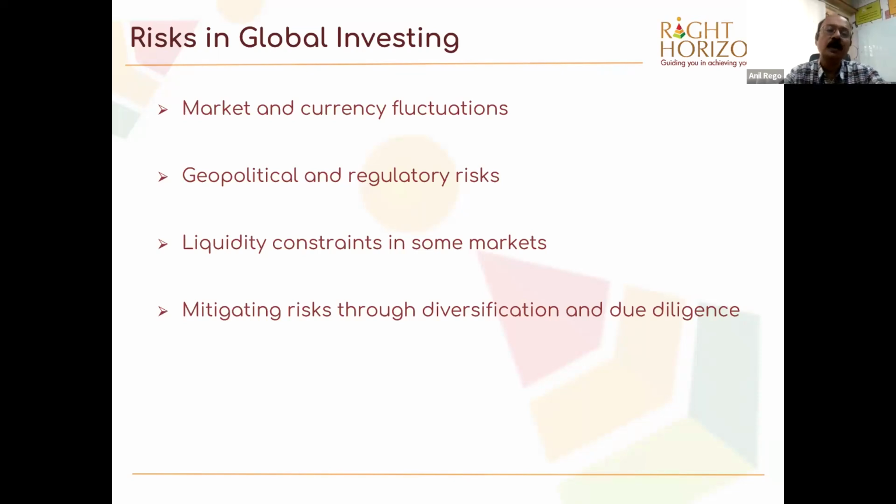The second part is, you may have risks which are local to that particular country, which you get impacted by. Geopolitical risks: suddenly you have a change of head of state, and we can see there's a whole lot of activity happening around the world.